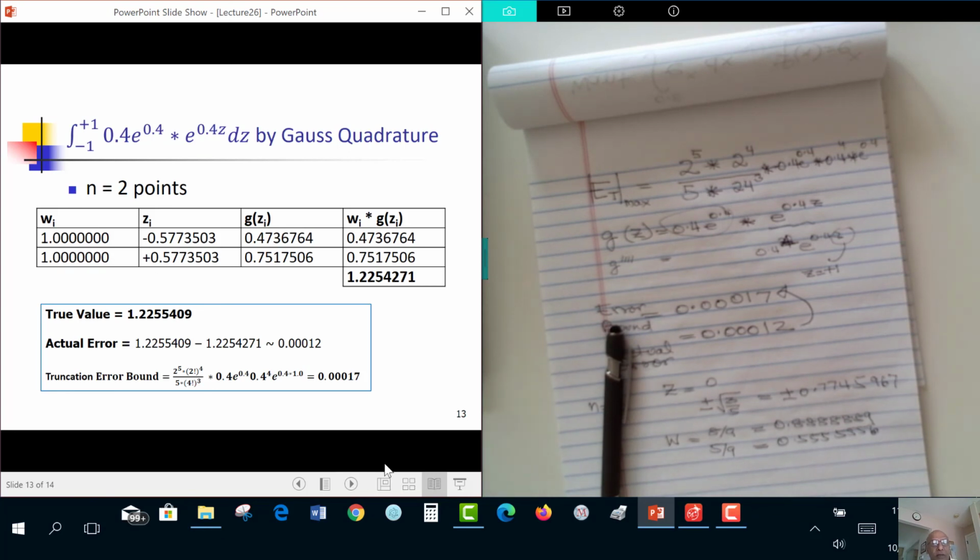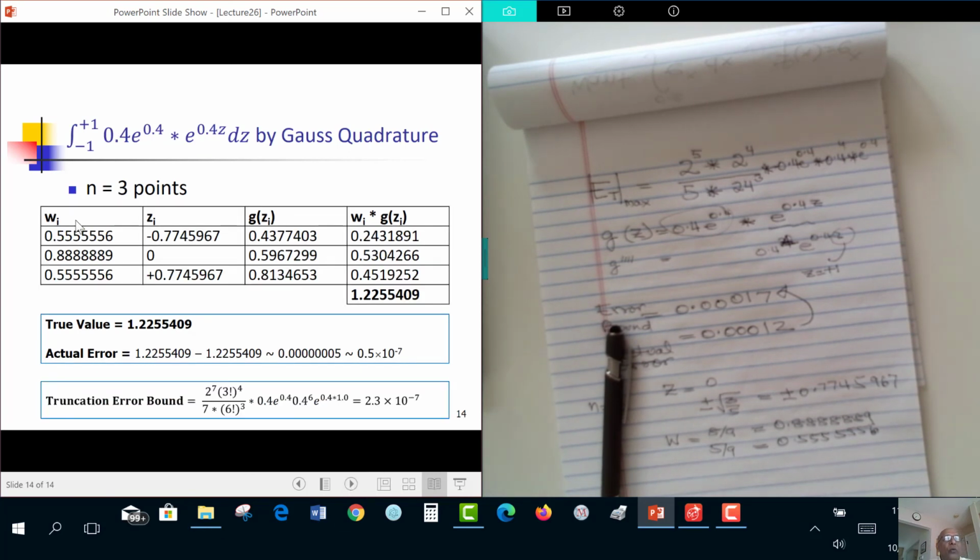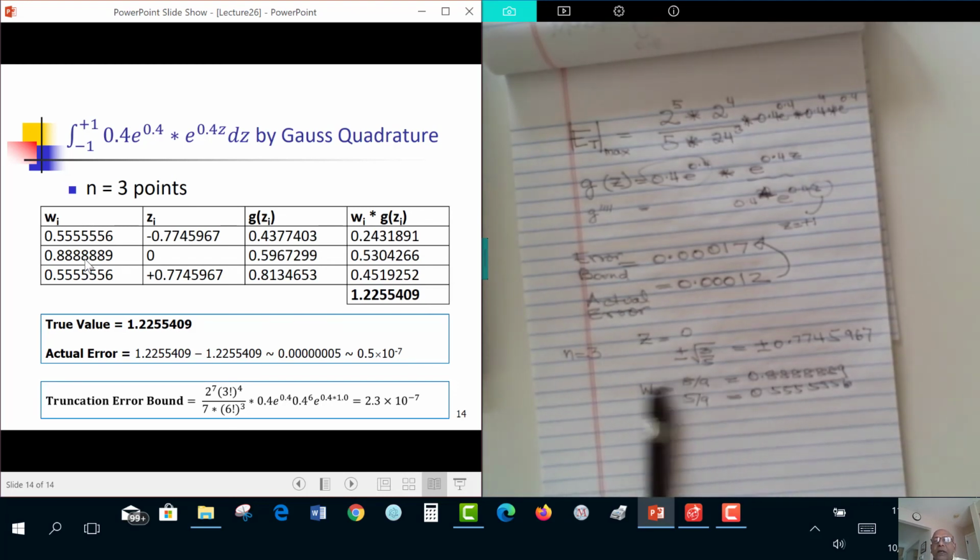So here are our weights. I just wrote them here. Okay. These are our nodes. We calculate our function. Remember, this function is this whole thing. Then we weight the function, sum it up. So this time 1.2255409. Notice the true value is 1.2255409.